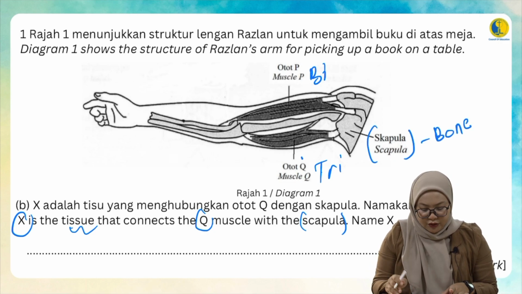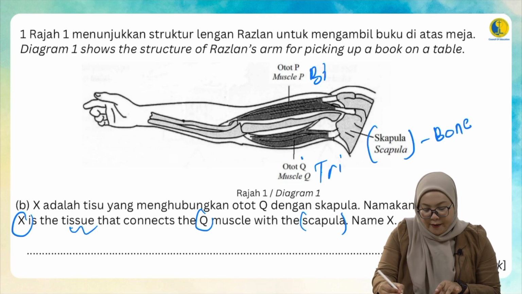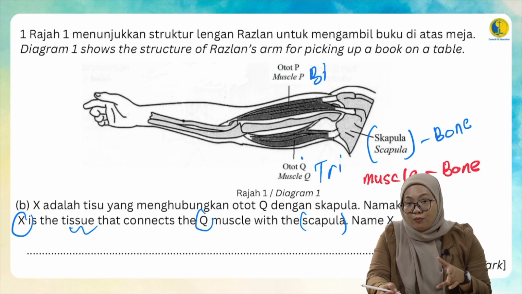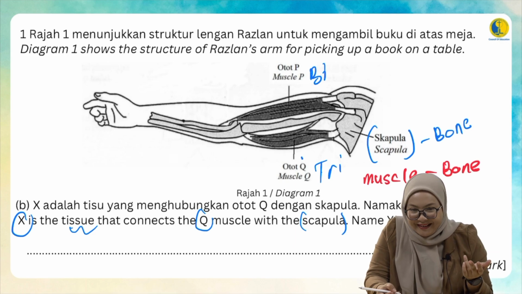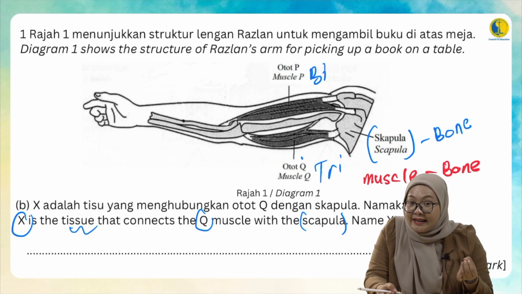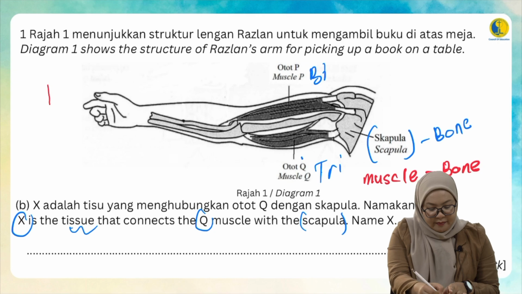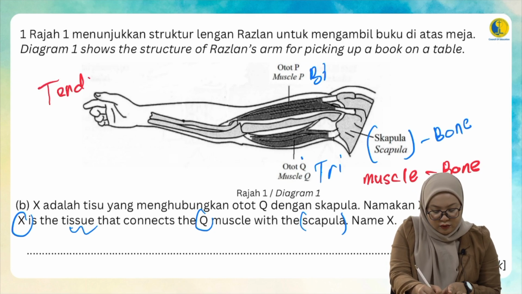So when you connect a muscle, your tricep, to the bone, what is the name of the structure? It's either tendon or ligament. What is tendon and what is ligament? It's either these two.